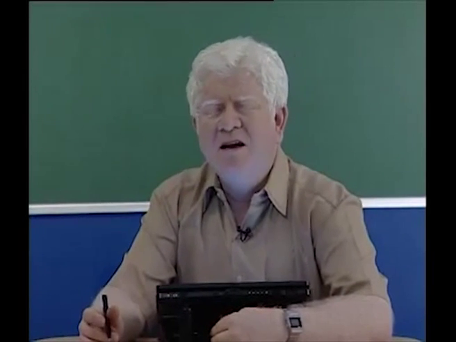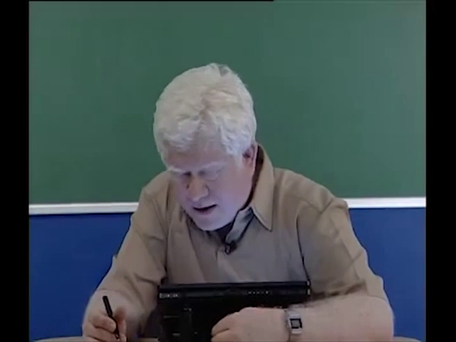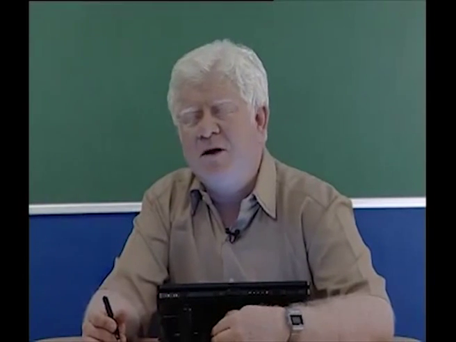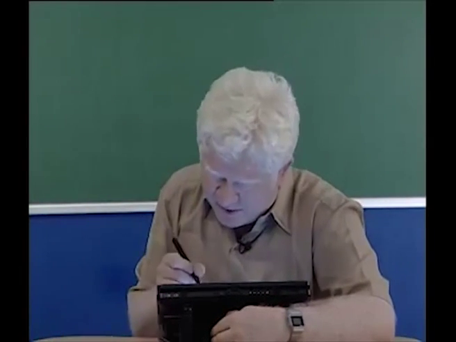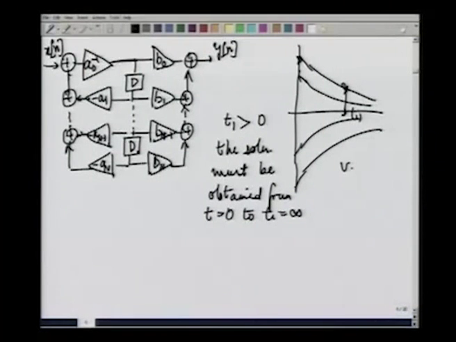Now, mathematically it is all very nice to say that the value of Vc of t1 must be equal to V1. That is a perfectly valid auxiliary condition inasmuch as it identifies a specific curve out of the set of all possible curves that could have served to solve the differential equation.